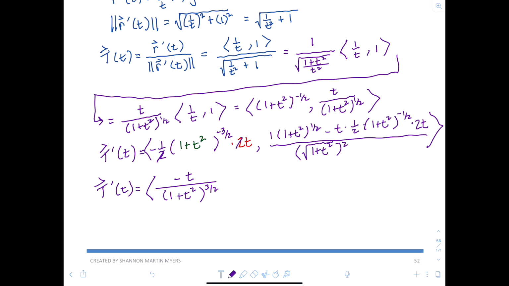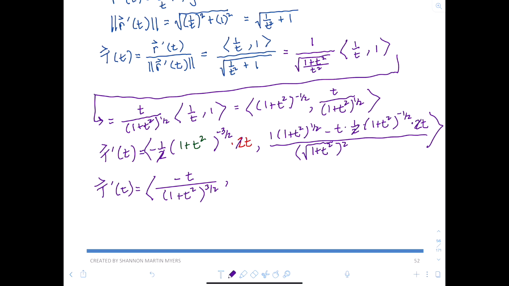Put it back in the denominator. And then for the second one, these 2's will divide out.